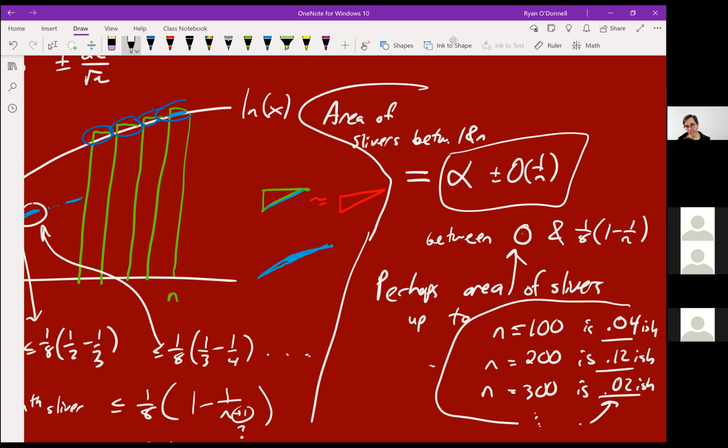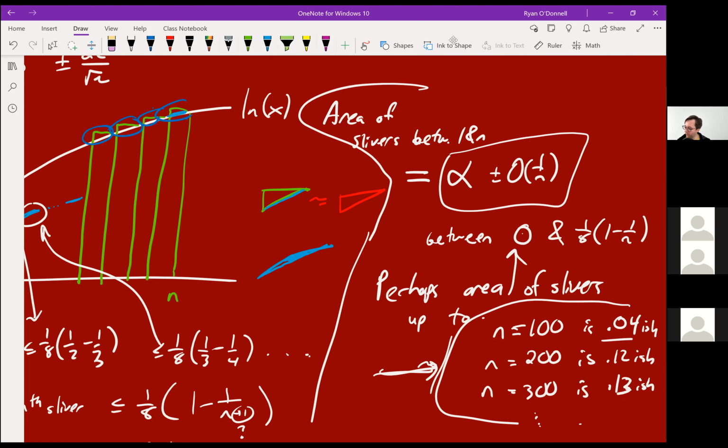But is it really like this? In fact, there's a clear reason why this weird example I've just written here obviously can't be what's going on. Well, if n is 300, then we already have the 200 slivers. So for example, this could not be 0.02. It's obviously got to be more than 0.12. So maybe the area of the first n slivers is 0.13.